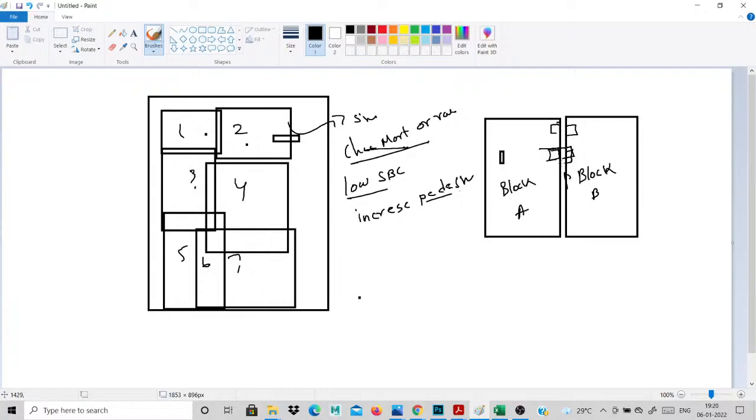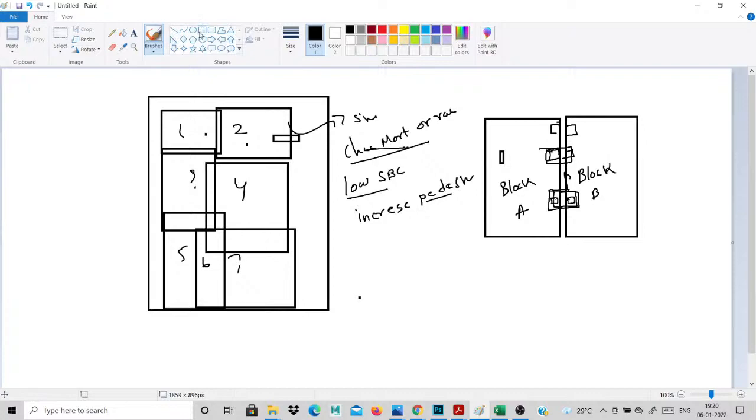So I provide a combined footing, used for the nearby columns of block A and block B.